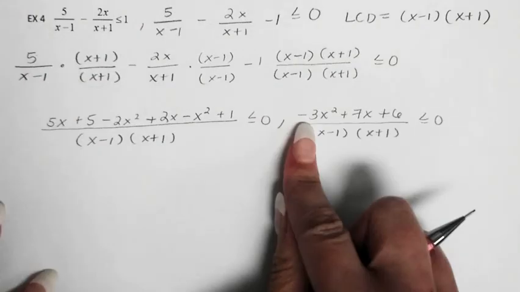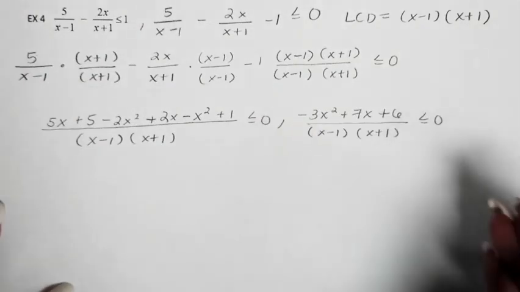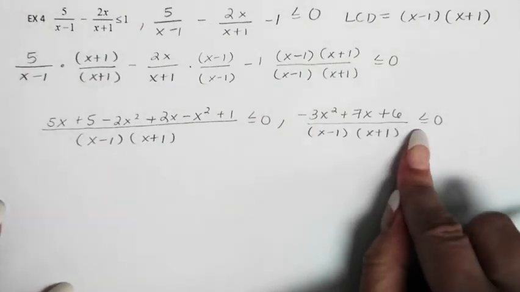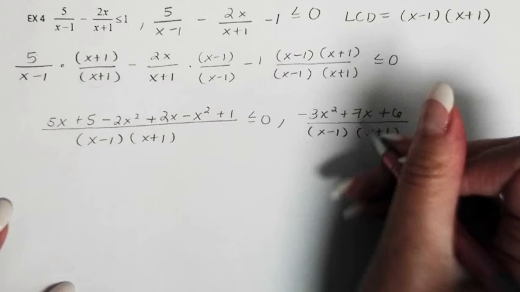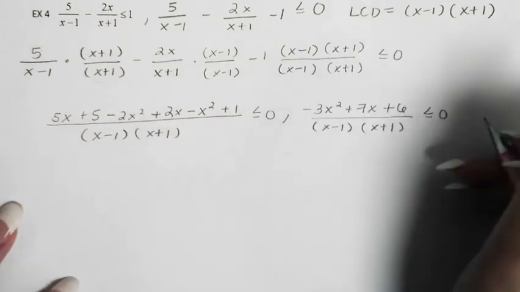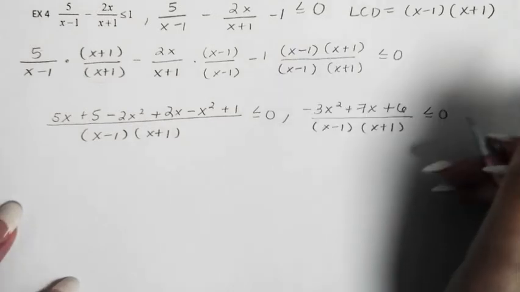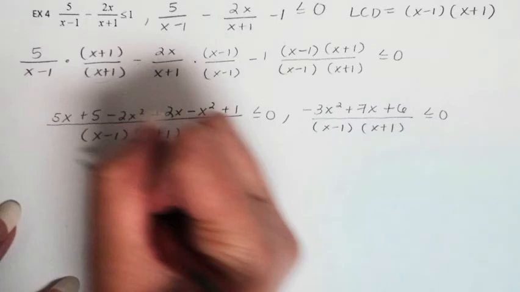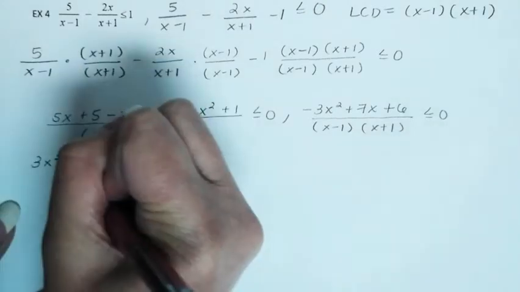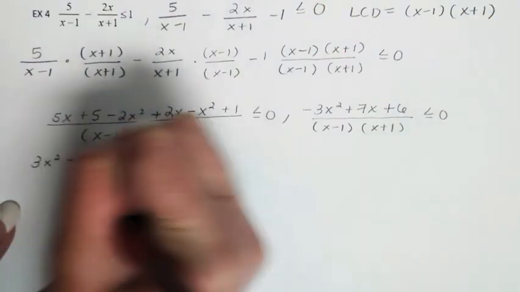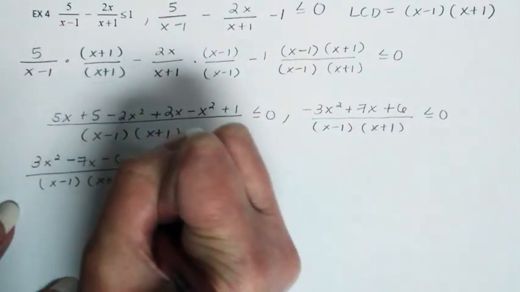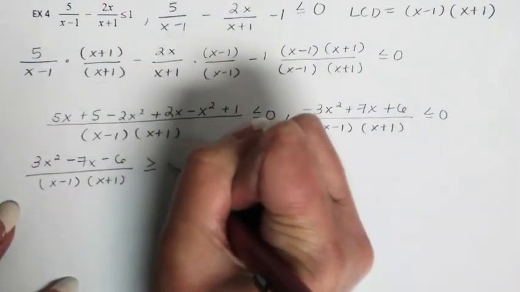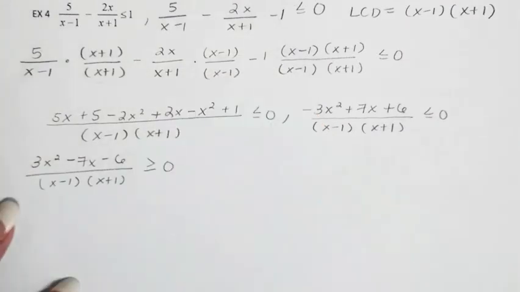So I'm going to multiply both sides times negative 1. When I do that, I need to be very careful because I'm going to flip the sign of my inequality. So you have 3x squared minus 7x minus 6. The denominator stays the same. The cool thing is that when I multiply 0 times negative 1, it's still a 0.